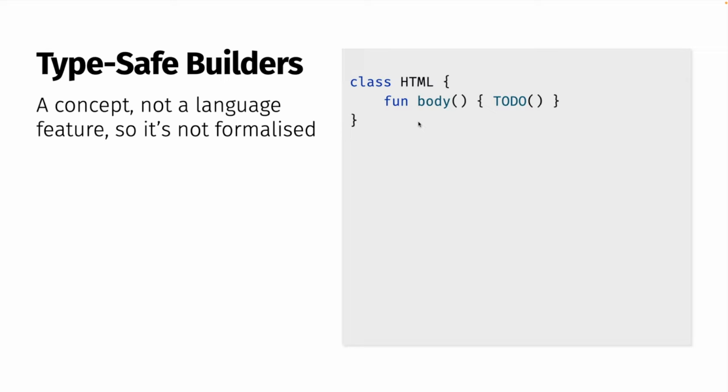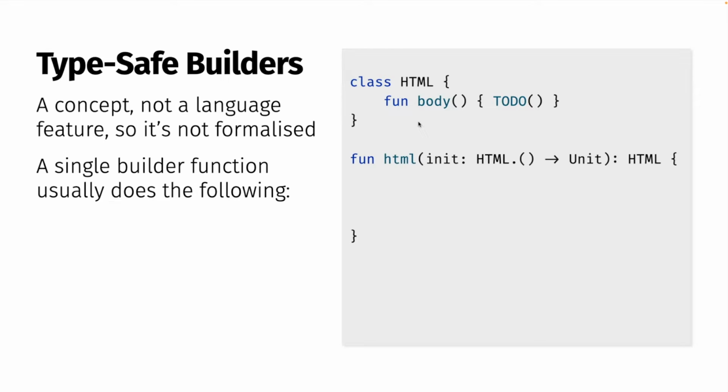So let's say we have a class HTML with a method body, which we don't care about. We don't care about the implementation, and we want to create a builder for this HTML class. We can create a function called lowercase html, and we take as parameter one of these function literals with receiver, right?